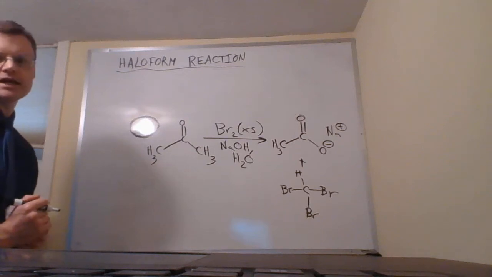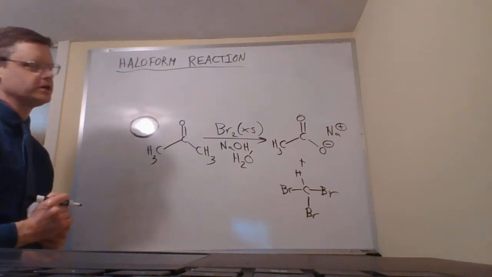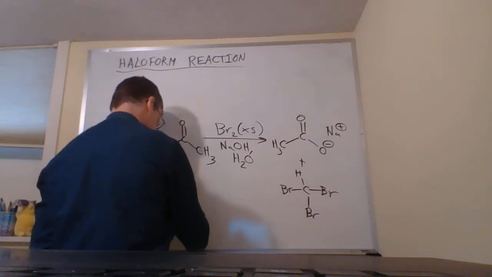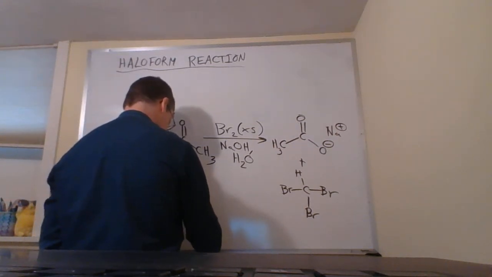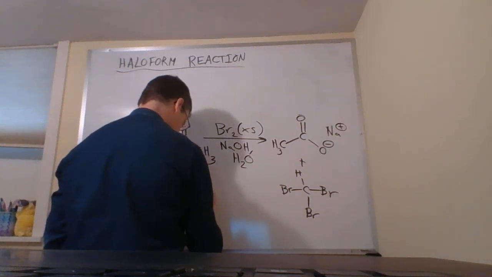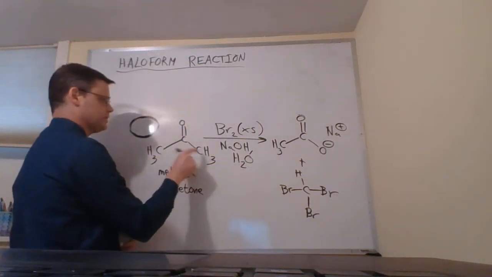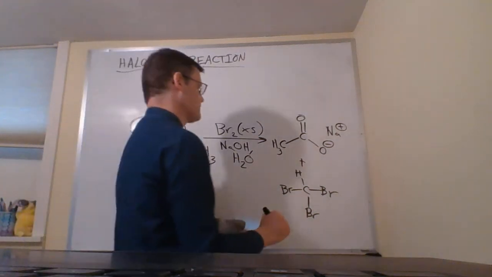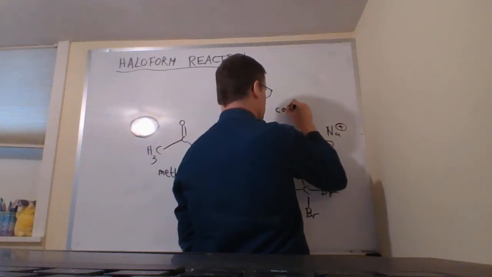Okay, so let's break that down a little bit as to what's going on. Summarizing the transformation here, we're taking a methyl ketone, so a ketone that has a methyl group on at least one side, in this case it's got it on both sides, and we're turning it into a carboxylate.